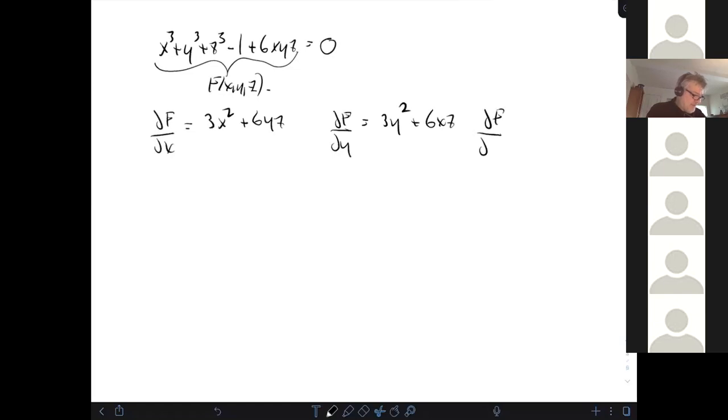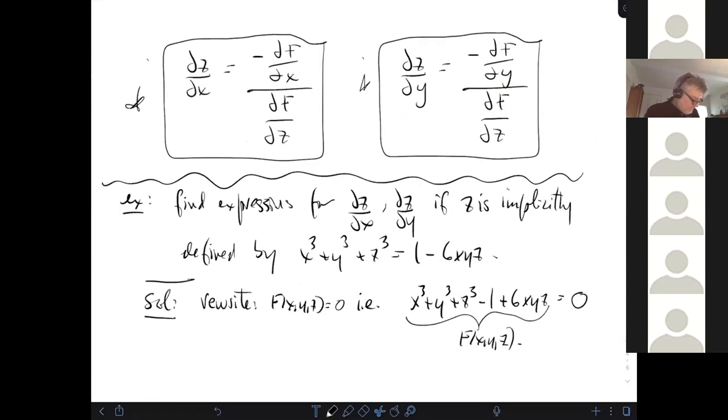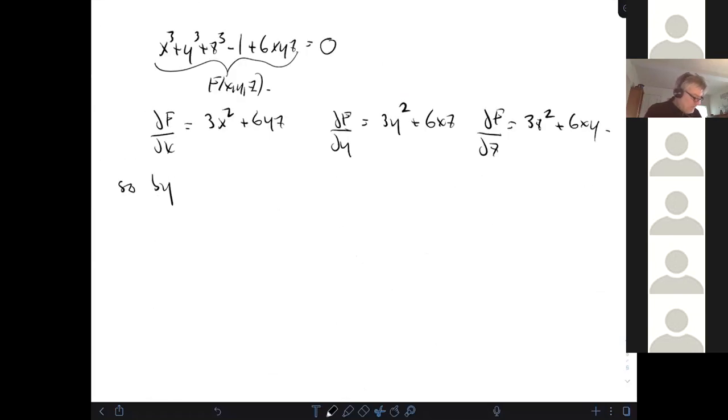And del F del z is 3z squared plus 6xy. So by the above, let's call this double star.